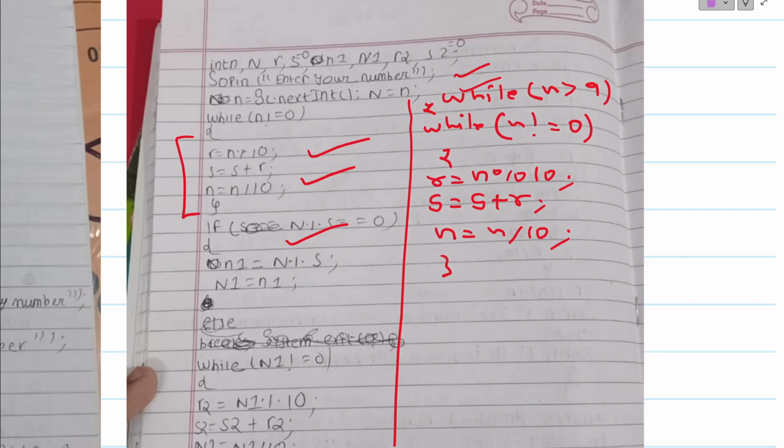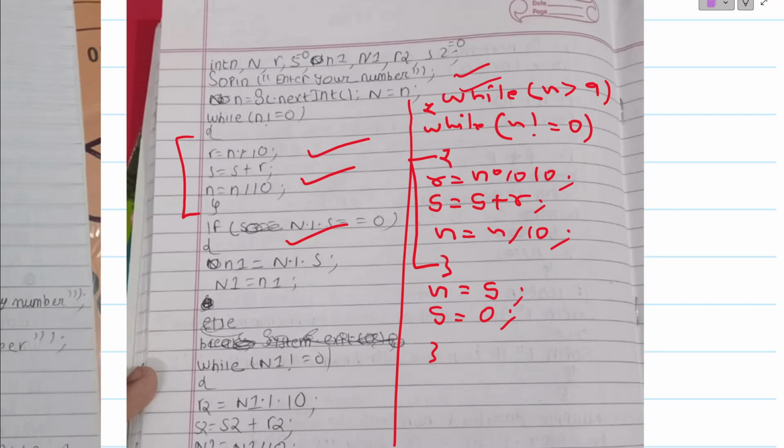After this smaller inner while loop is completed, I will be replacing the value of n with s, and I will be taking s is equal to 0. Okay, so every time it will be working unless and until my n is a single digit number. But what if it will never be a single digit number?